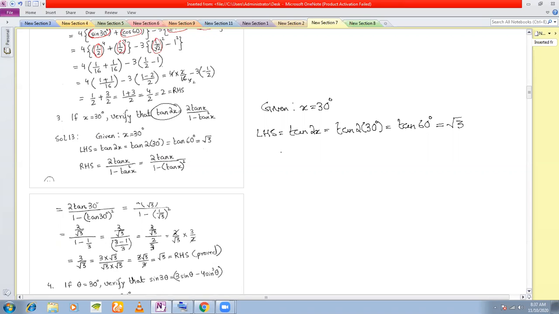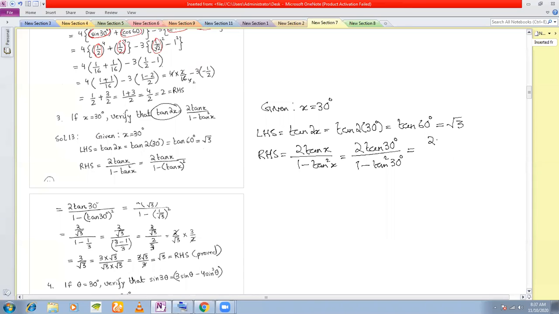Now let us see whether on the right hand side also we are getting root 3 or not. So now we start with the right hand side. You have 2 tan x by 1 minus tan square x. What is the value of x? 30 degree. So 2 tan 30 degree by 1 minus tan square 30 degree. Now what is the value of tan 30?